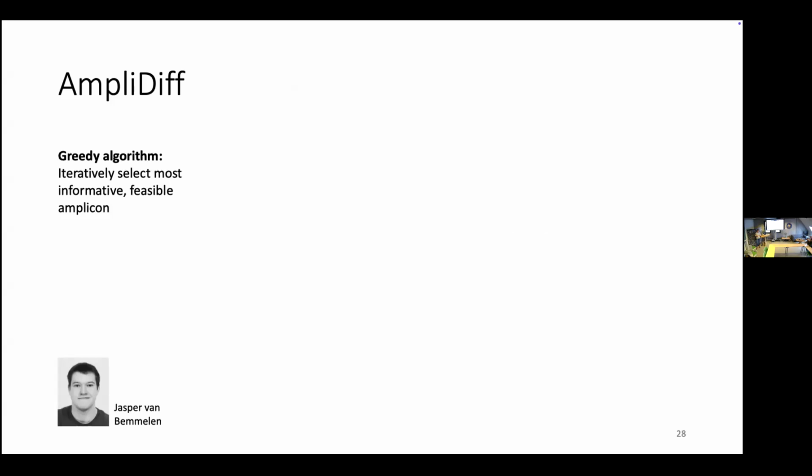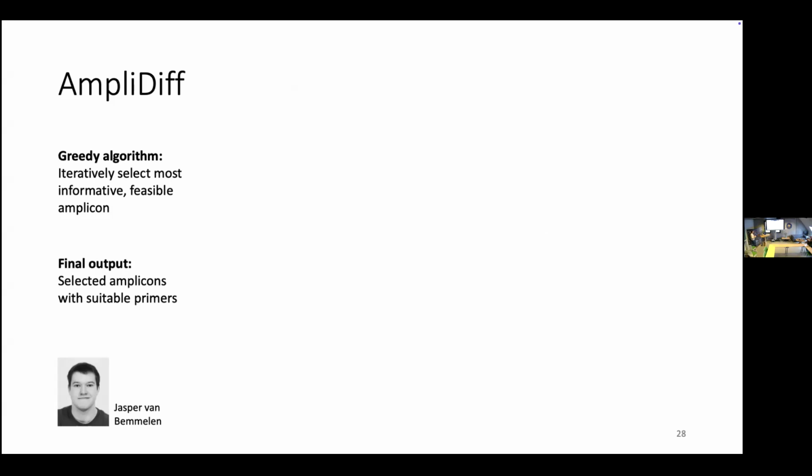And to do so, we actually formulated this as a set cover problem, but also realized that it's hard to solve. So we resorted to a simple greedy algorithm to come to a solution relatively quickly, where the final outputs are the amplicons along with their primers.